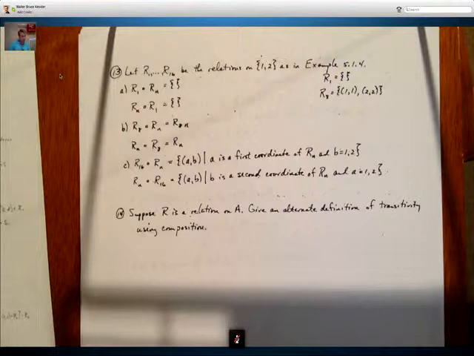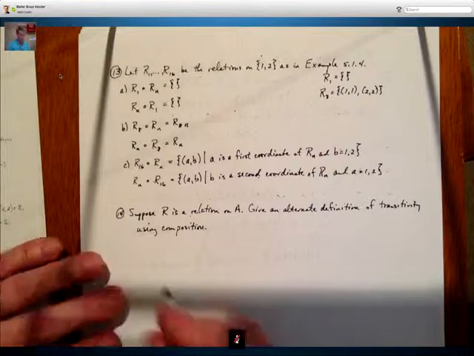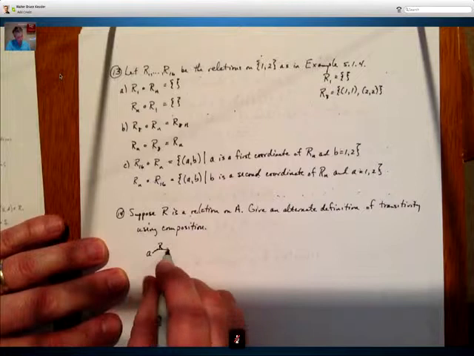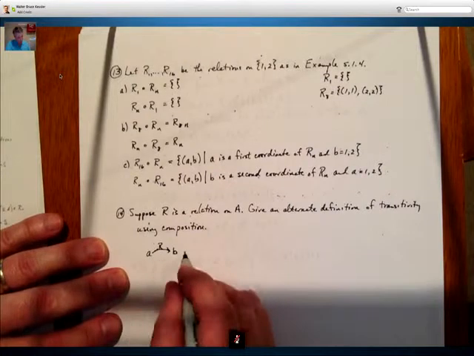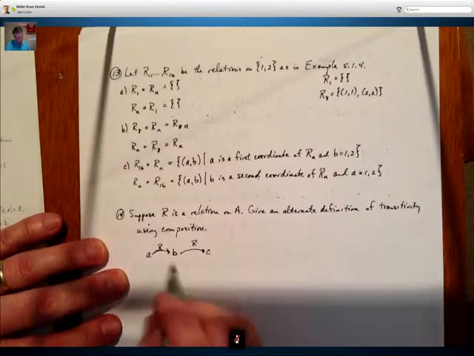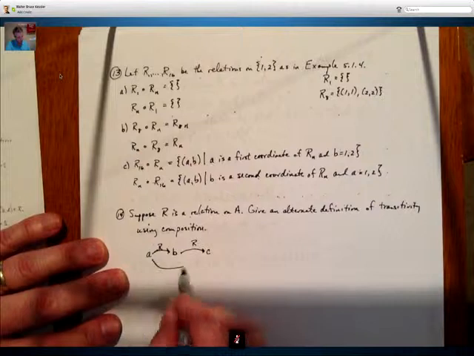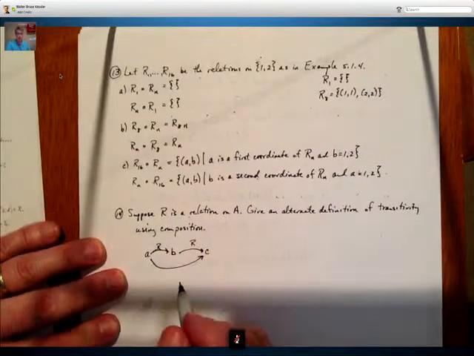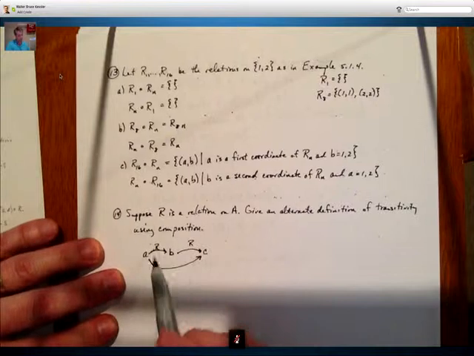And then 14 says, suppose R is a relation on a given alternate definition of transitivity using composition. Well, if you remember what happens here, R will take a to b, and then we'll have b related to some c. What we're saying here is that I should be able to go straight from a to c.